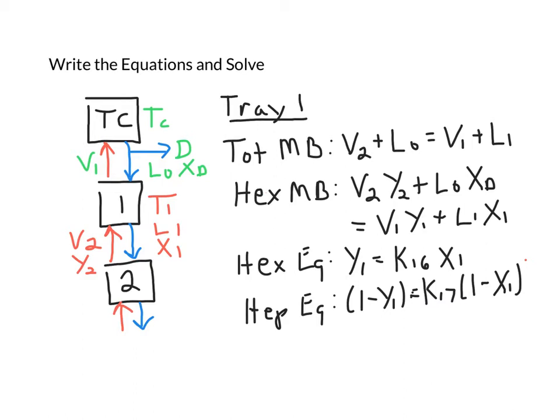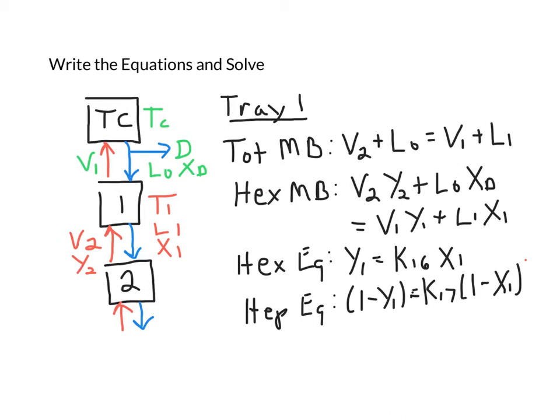Trust me, it will work out. So for tray 1, we already know the streams above the tray from the analysis of the total condenser, V1, L0, and XD. But we don't know the variables associated with the streams below the tray or the tray temperature.